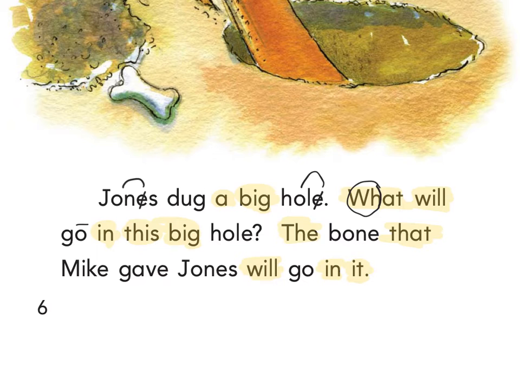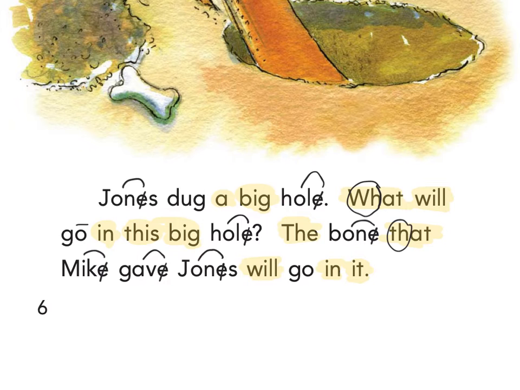In this big, mark through the E, rainbow to the O. Hole. The, mark through the E, rainbow to the O, bone. That. Okay, look at the bottom row. Mark through the E, rainbow to the I. What's the boy's name? Mike. Mark through this E, rainbow to the A, gave.